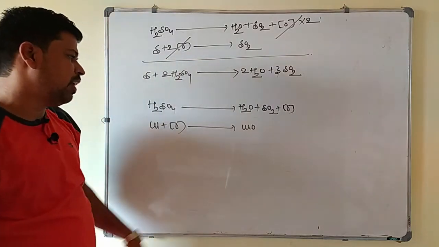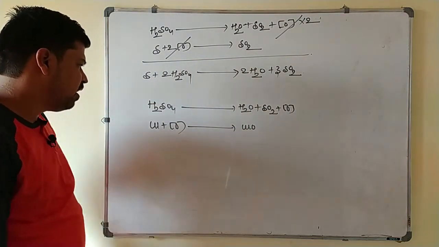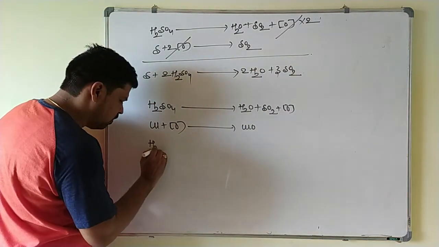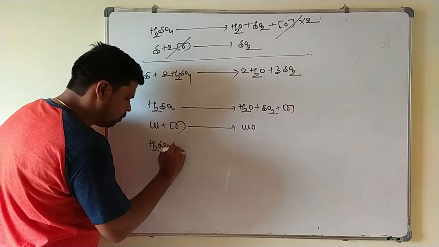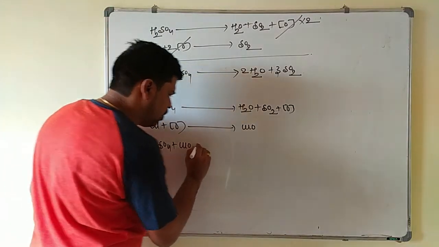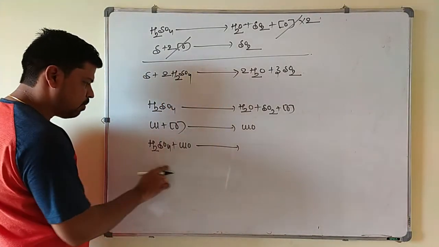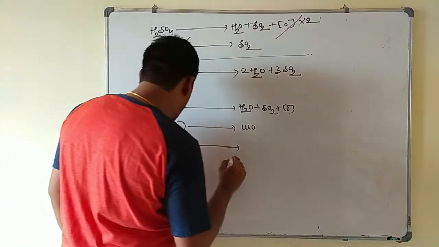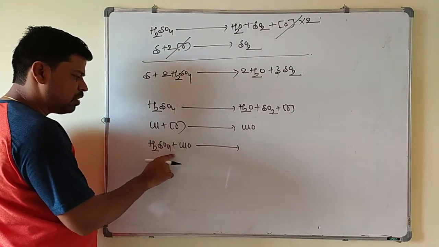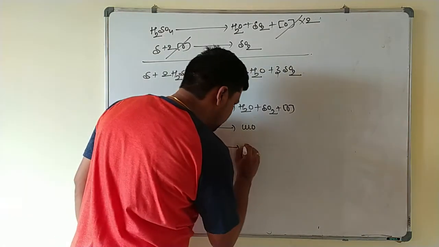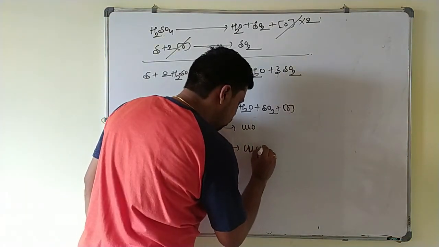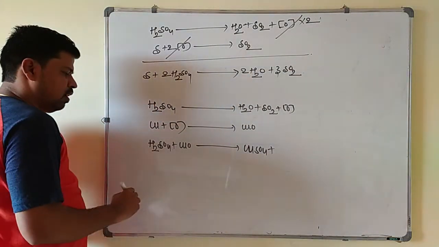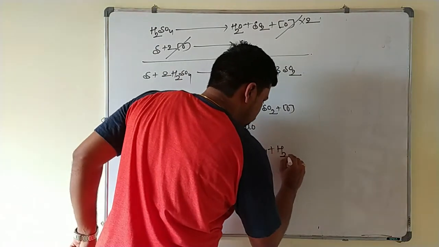This copper oxide, being basic in nature, again reacts with H2SO4. So we take another mole of H2SO4 reacting with copper oxide. The oxygen combines with 2 hydrogen to form a water molecule, and the copper combines with sulfate to become CuSO4 plus a water molecule.